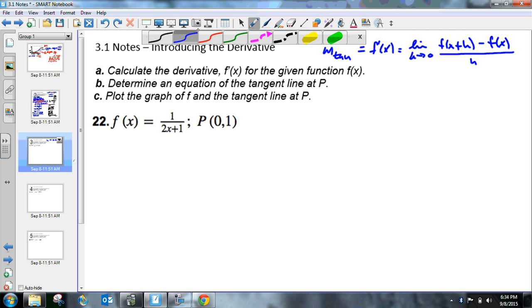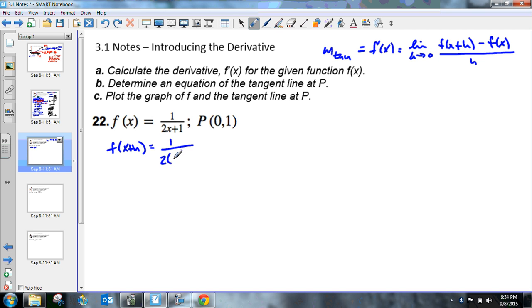I'm going to move through this a little bit faster than I did the other one, just to try and save some time. But I want to calculate f of x plus h. So I've got 1 over 2 times the quantity x plus h, plus 1.